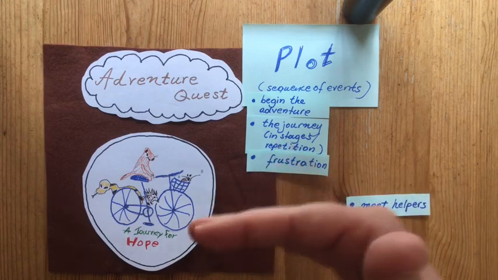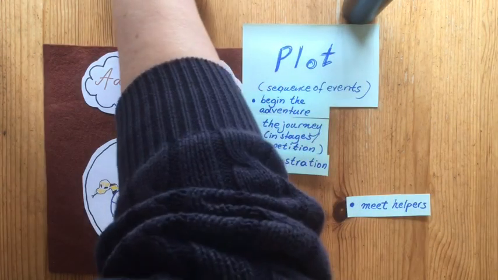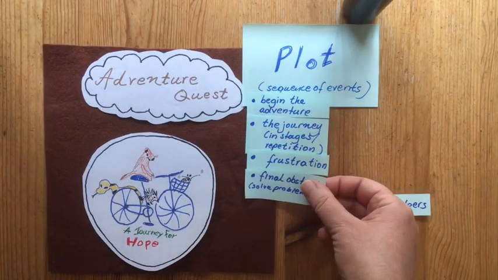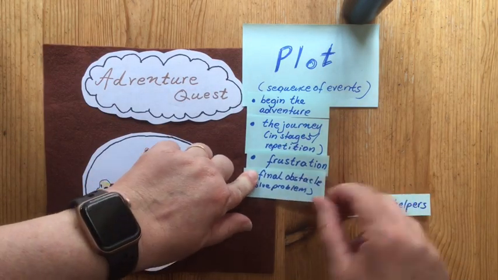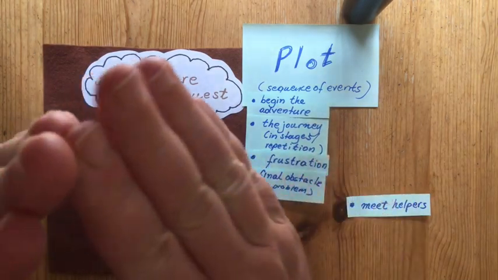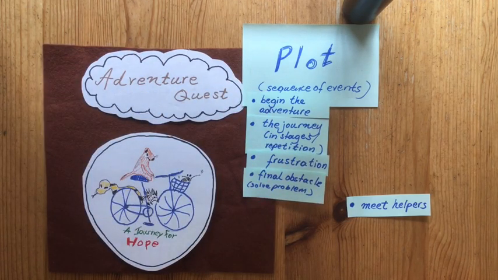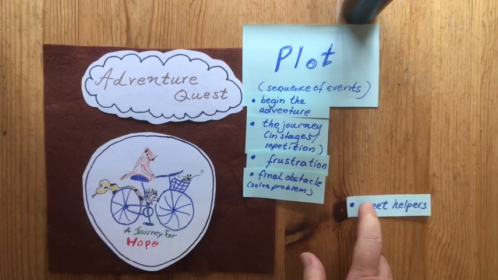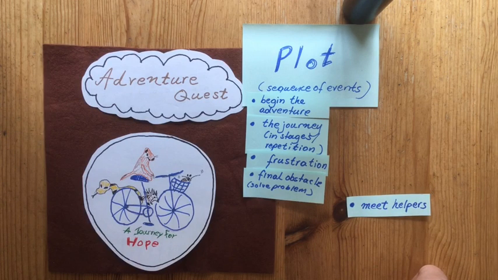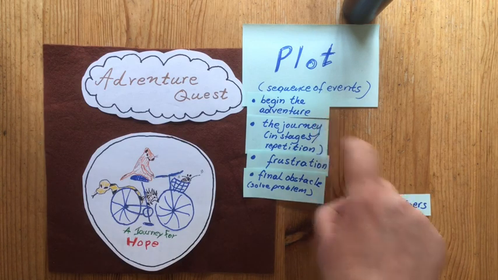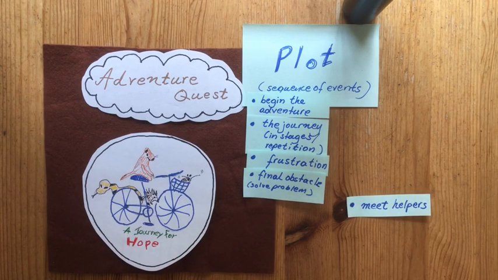As the frustration builds up, it will reach a climax. If you think of it like a mountain, this is when they'll reach the top, and it's the final obstacle. With the help of their friends, they might be able to solve the problem, or something dramatic will happen to help them overcome their problems.